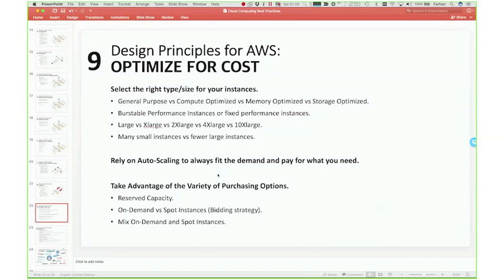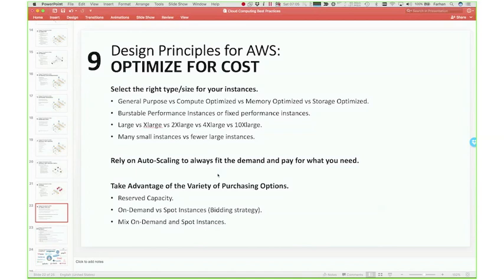Now, for instances that can use auto scaling, always try to use either on-demand or spot instances. What is the difference between on-demand and spot instance? On-demand is an instance that is available at a typical rate, and it's a disposable resource. You use it and you stop using it. You don't have to pay around it.